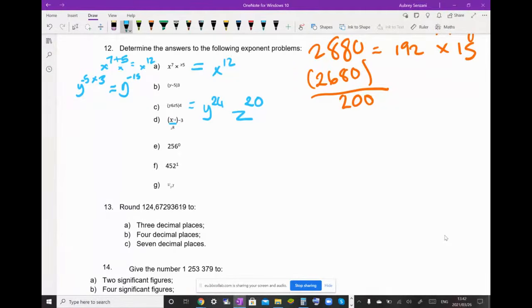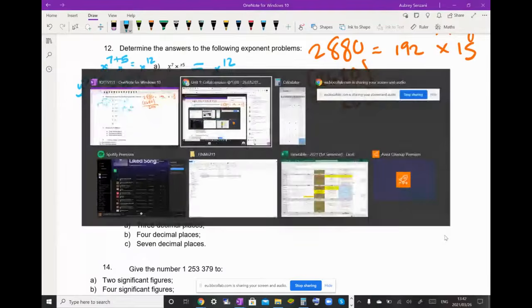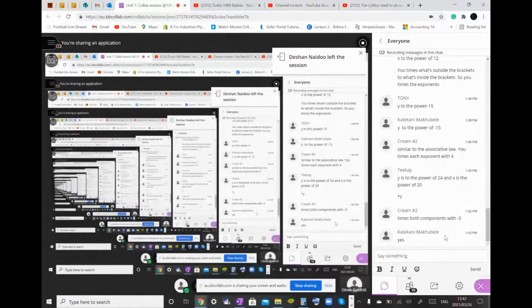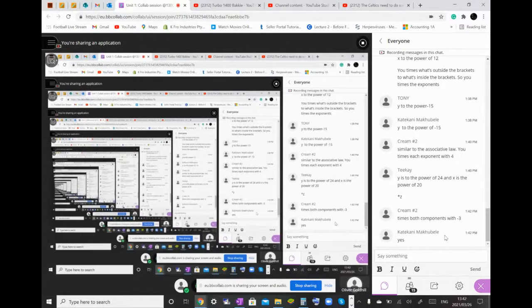Can we just times by negative 3? Yes, we can, times both components by negative 3.